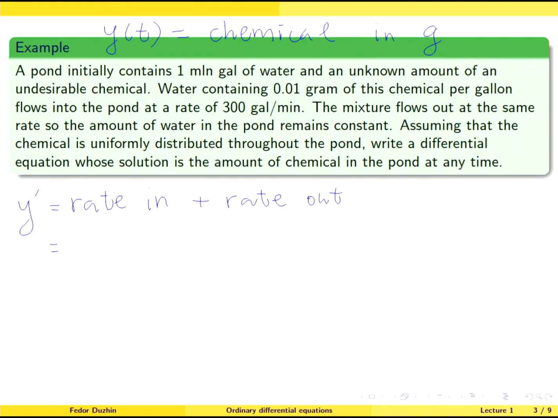What we should take is the flow in times the concentration of our chemical in the inflow. Well, the rate out should be taken with a negative sign, so I will write negative here, because rate in means the amount is increasing, and rate out means the amount is decreasing. And so I will write the flow out, whatever the flow is, times the concentration of our chemical in the flow out.